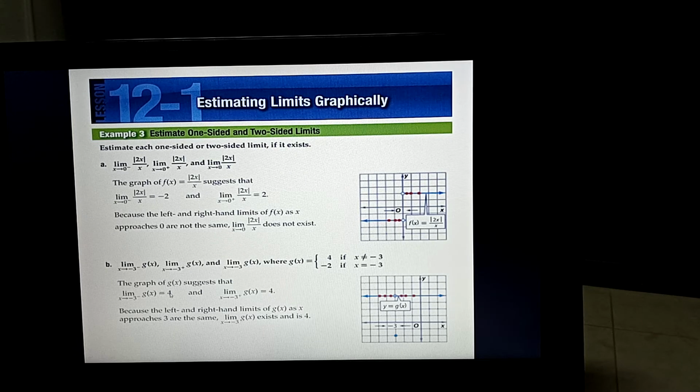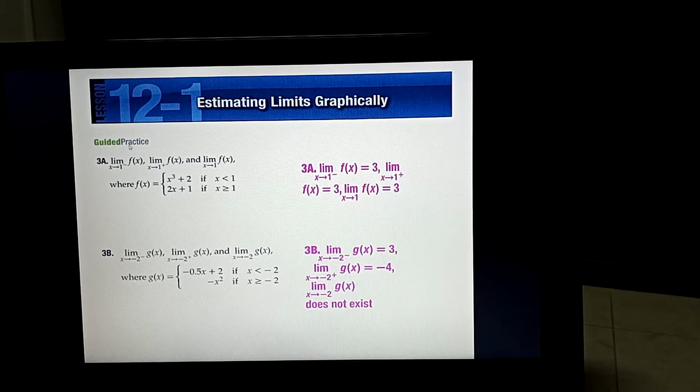The limit of g of x when x approaches negative 3 from the right is also 4, because the value of g of x equals 4 when x is not equal to negative 3. So here I have a hollow. At x equal to negative 3 the value is negative 2, so I have another point. The graph of this line is not continuous, but I have a limit here.